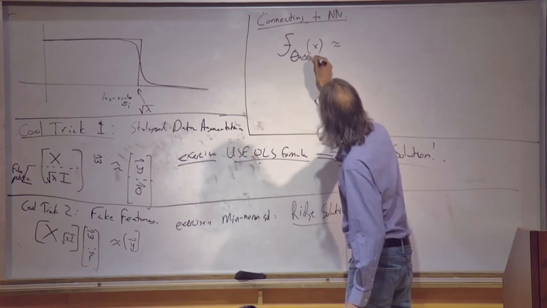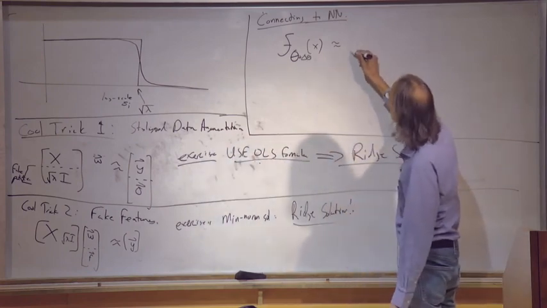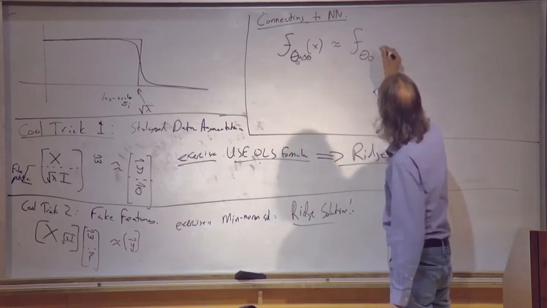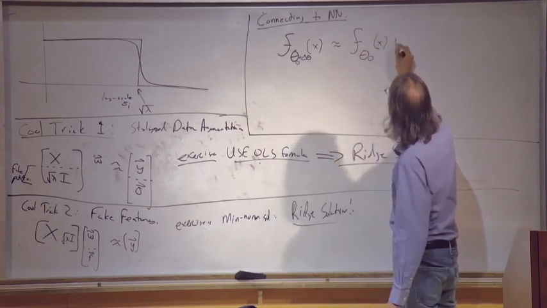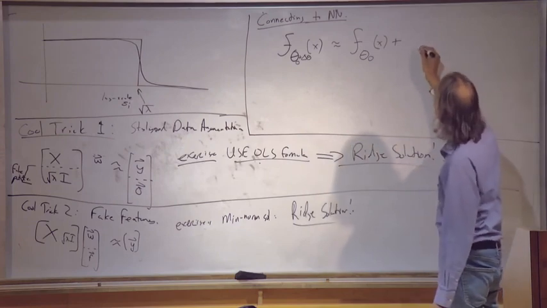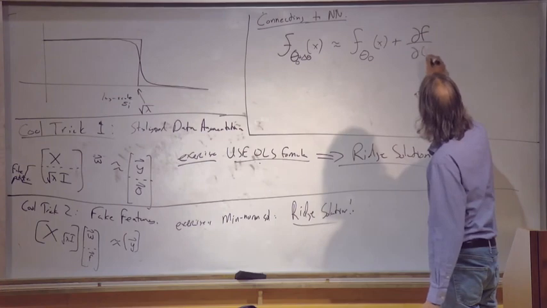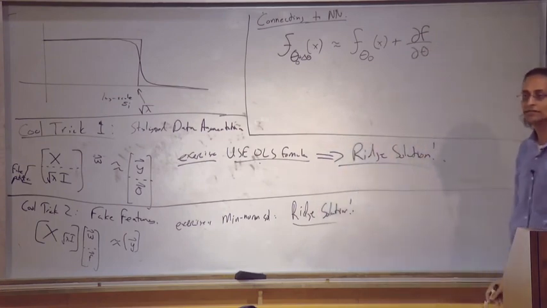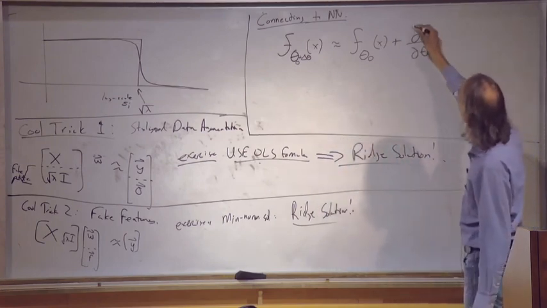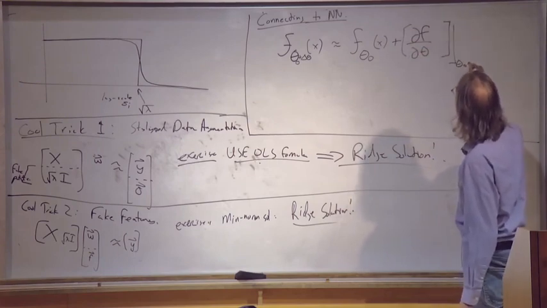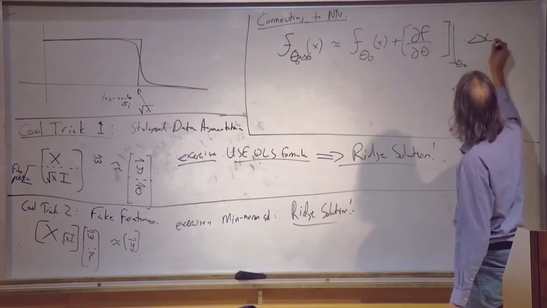F of theta plus delta theta is approximately equal to F theta naught of x plus the derivative of that function with respect to theta, some big rho, evaluated at theta naught acting on delta theta.